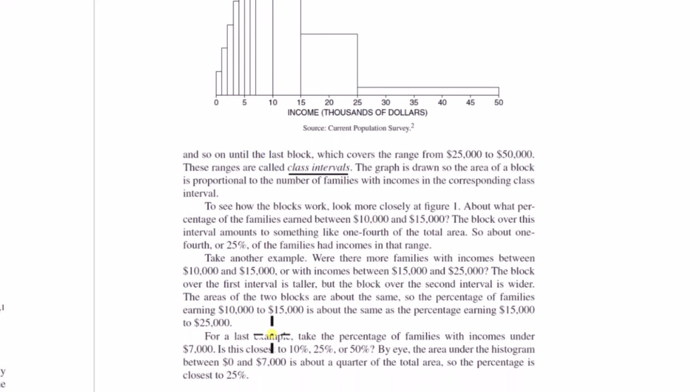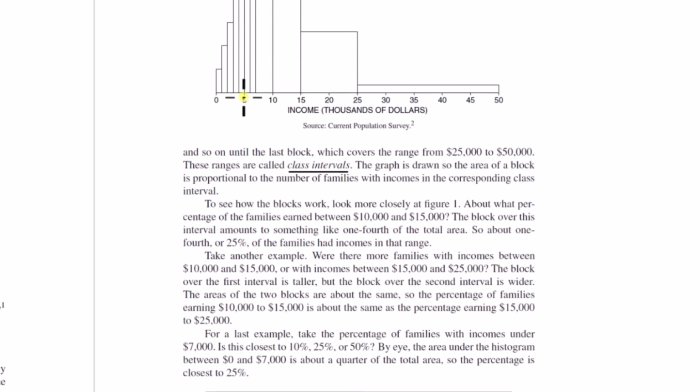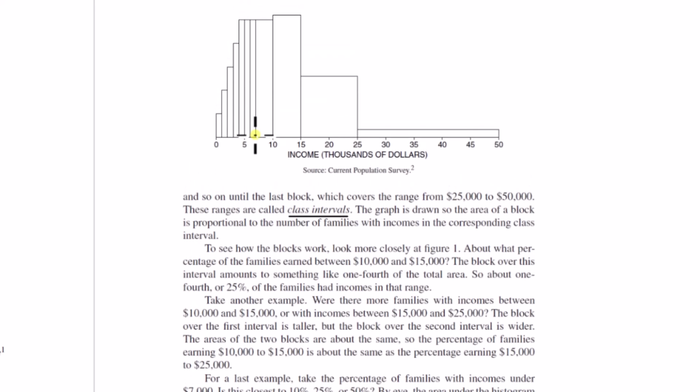For a last example, take the percentage of families with incomes under $7,000. Is this closest to 10%, 25%, or 50%? So earning under $7,000, this entire area here. Well, I wouldn't say this is 50%.